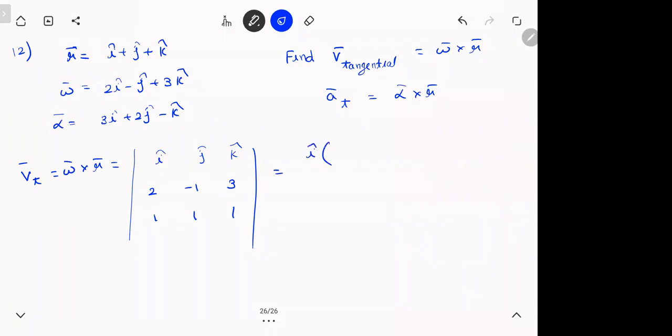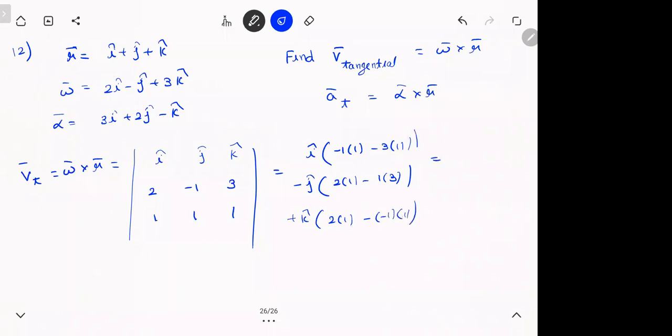This is i. So remove these two columns, you have to do this determinant. So this into this and this into this. That's minus 1 into 1, minus 3 into 1. Minus j, that is 2 into 1, minus 1 into 3. Plus k, 2 into 1 minus minus 1 into 1.